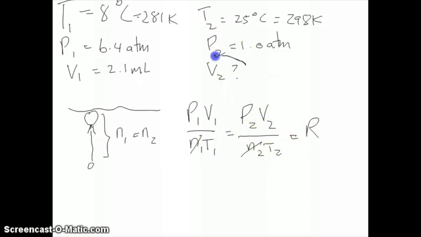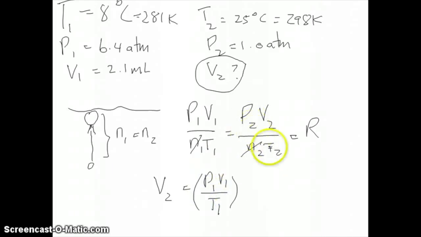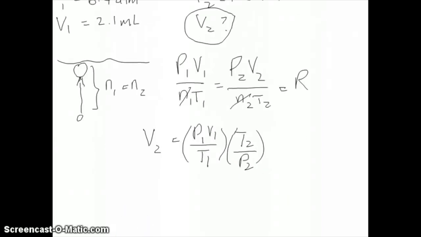We're trying to solve in this case for volume 2. So I'm going to separate this out from the rest of the equation and write this out. Okay, so it'll be P1 V1 over T1 times the inverse of this value, which is then just T2 over P2.